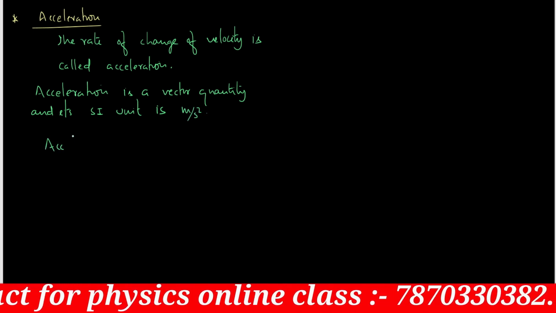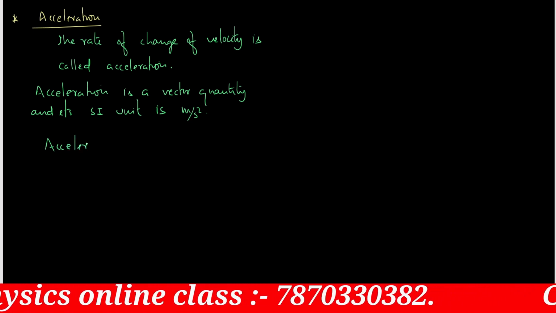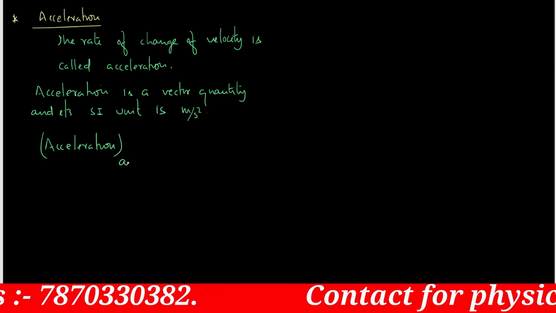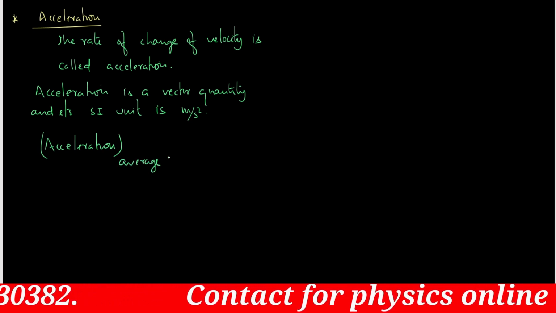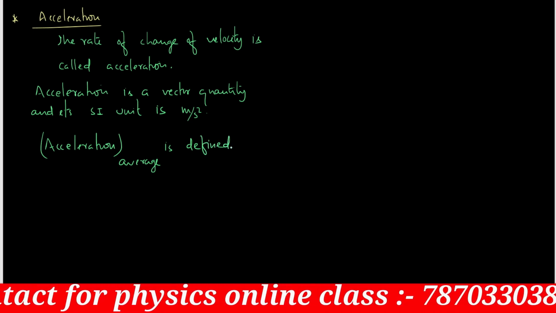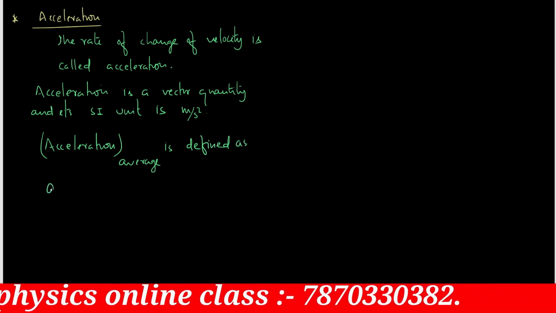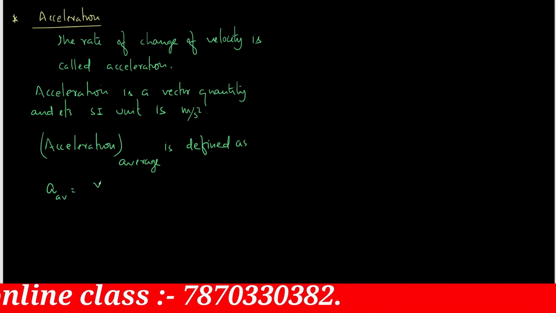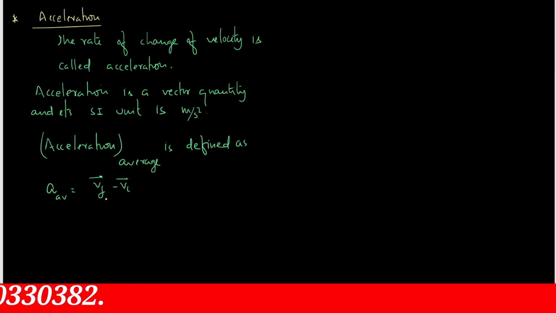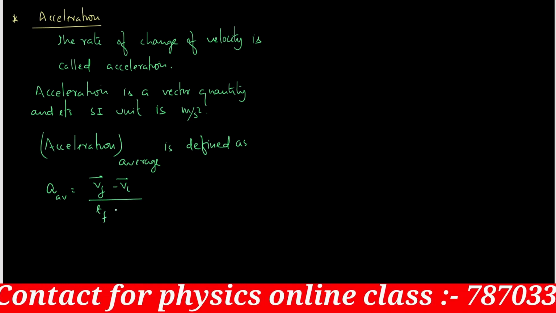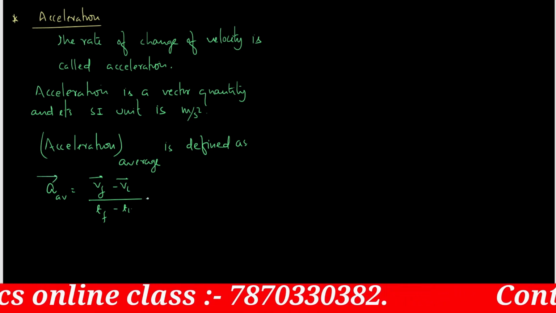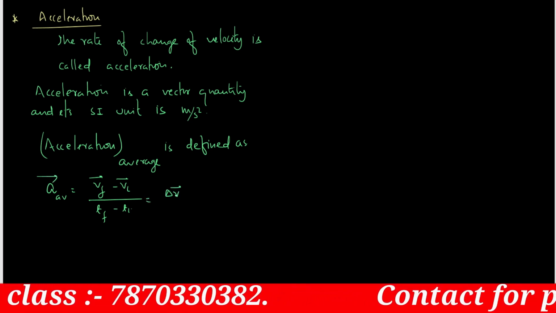Acceleration has two types as usual. Average acceleration is defined as a average equals v final minus v initial by t final minus t initial, right? And this is called delta v upon delta t.